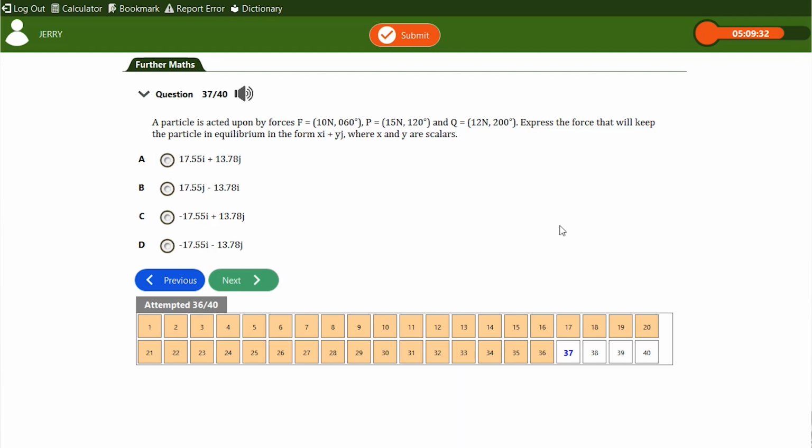A particle is acted upon by forces F1 of 10 Newton at 60 degrees, 15 Newton at 120 degrees, 12 Newton at 200 degrees. Express this in the form of xi plus yj. Okay. Now, this is a pure vector question.